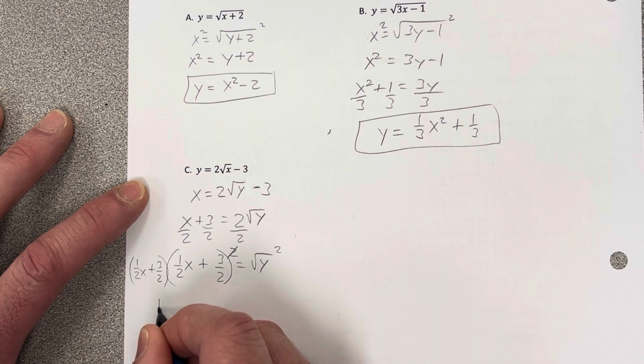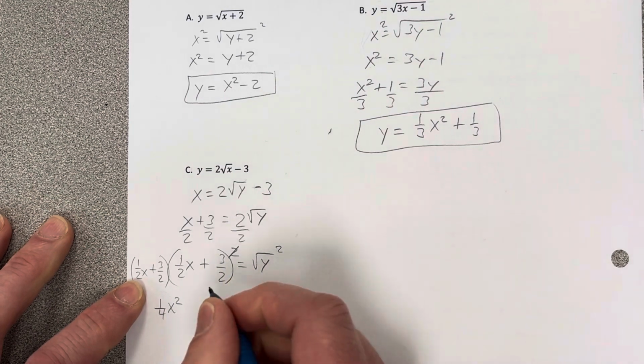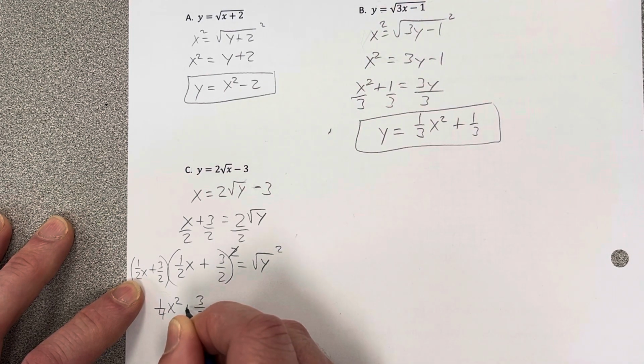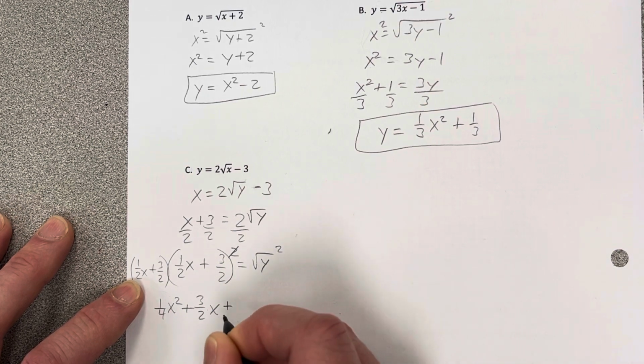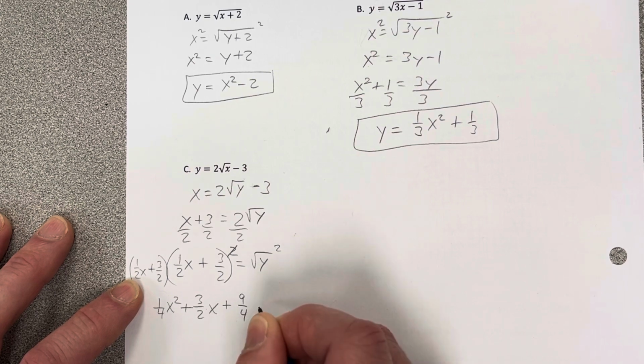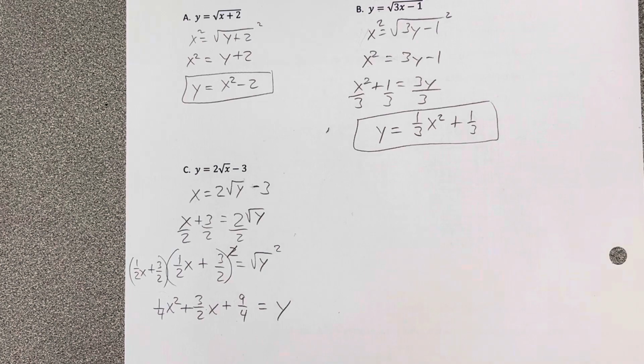But you should end up with a 1/4 x squared. And then in the middle, you will get 3/2 x when you multiply this all out. And then in the back, you should get a 9/4. And that is the inverse solved for y and written in standard form.